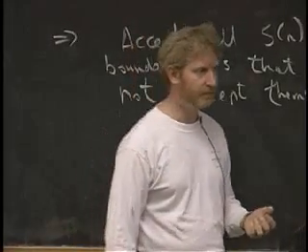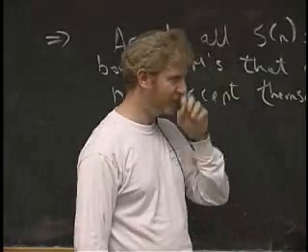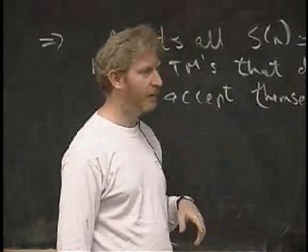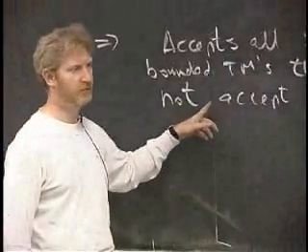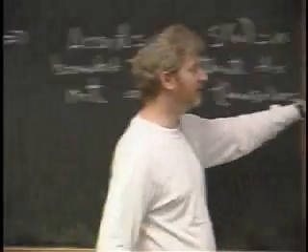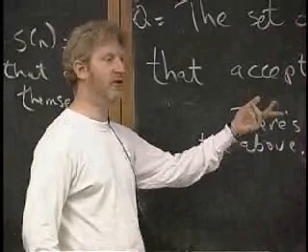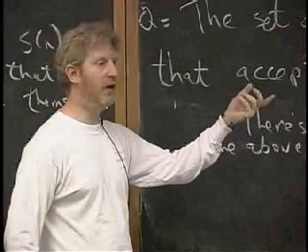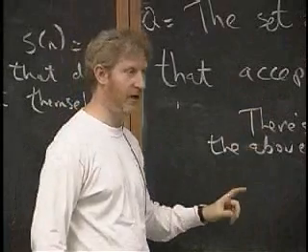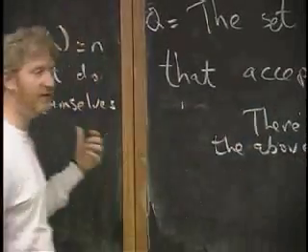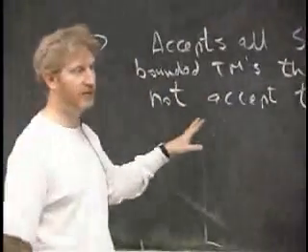Why did it become "do not accept themselves"? Because this is the one that gives you the contradiction. The ability to decide this question implies you can decide the complement, because all the yeses turn to nos and all the nos turn to yeses. And it's the complement of this set that's the one that doesn't exist.